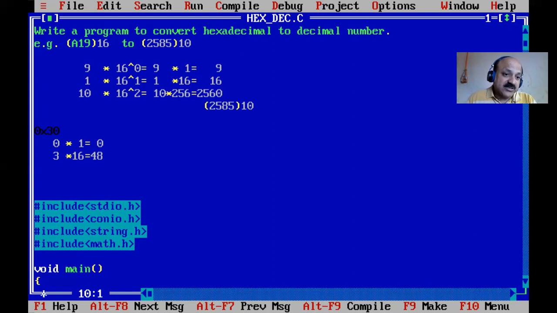So every time 1 and 16 are included. If the number has 3 digits, we take 1, then multiply 16, and again multiply 16. That is the process to get the equivalent.